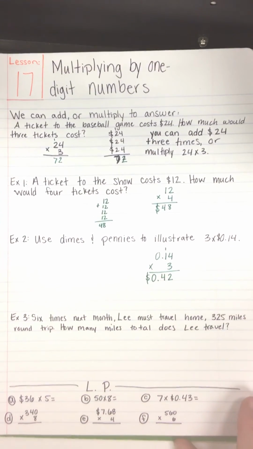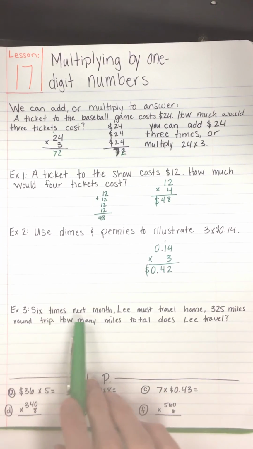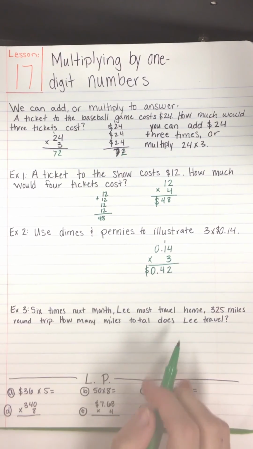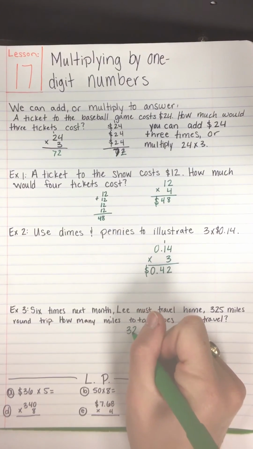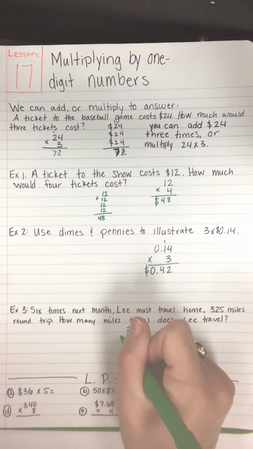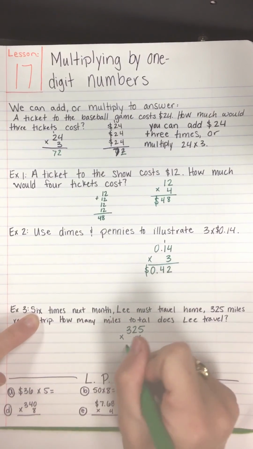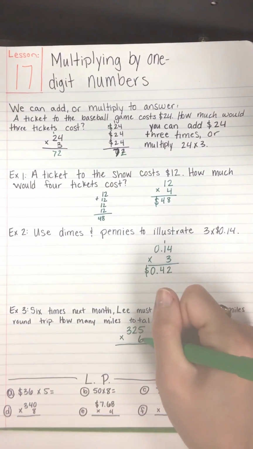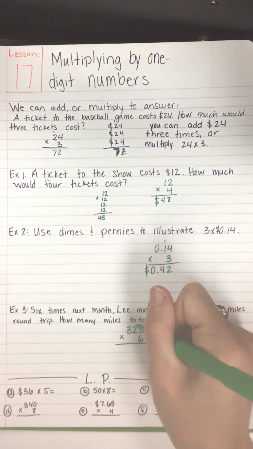The next example says 6 times next month Lee must travel home, which is a 325-mile round trip. How many miles total does Lee travel? Well, we have to do 325 times 6. All right, so let's multiply these. 5 times 6, 5, 10, 15, 20, 25, 30.